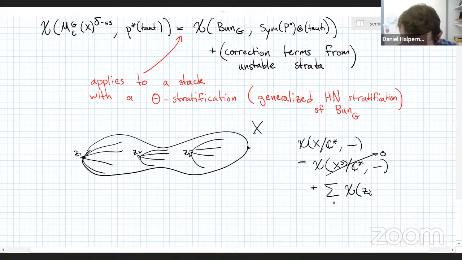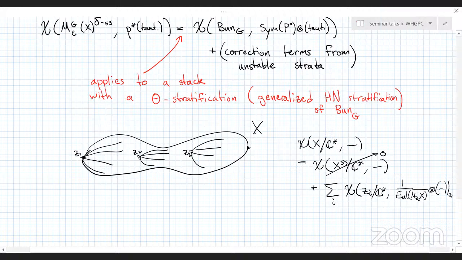So it would be the sum over Zi mod C star of 1 over the Euler class of the normal bundle, times this thing restricted to Zi.